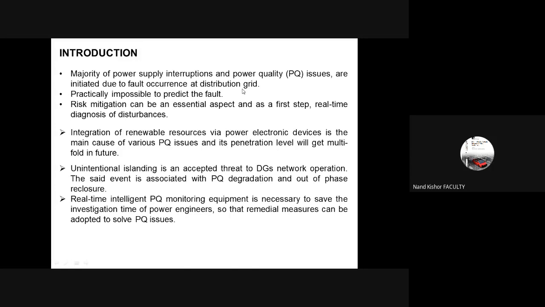So you have some physical event, right? It could be a fault, because normally a fault event is unintentional, and moreover we cannot predict its occurrence. Or it may be some intentional event, let's say energizing the transformer or de-energizing the transformer. That means you are connecting a line or disconnecting the line, and as such there will be issues in a complex DG system related to the power quality.